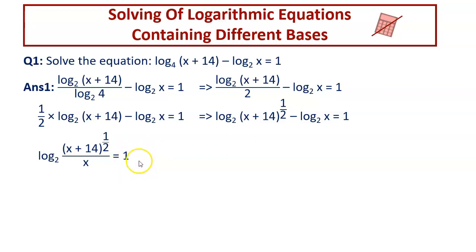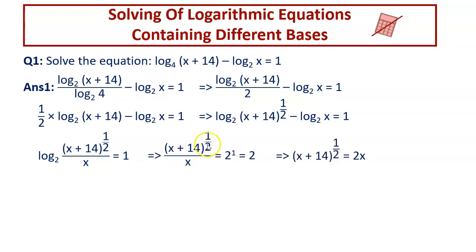You can do that. Write 1 as log of 2 to the base 2, cancel the log to the base 2 part, and equate the arguments. That can be done. Or else this is a logarithmic equation converted to an exponential equation. That will also be giving you the same thing.